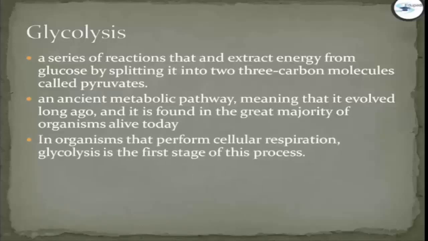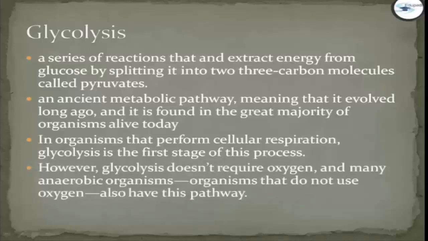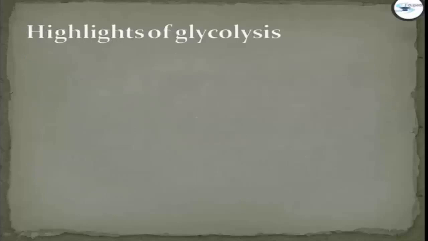In organisms that perform cellular respiration, glycolysis is the first stage of this process. However, glycolysis doesn't require oxygen, and many anaerobic organisms that do not use oxygen also have this pathway.